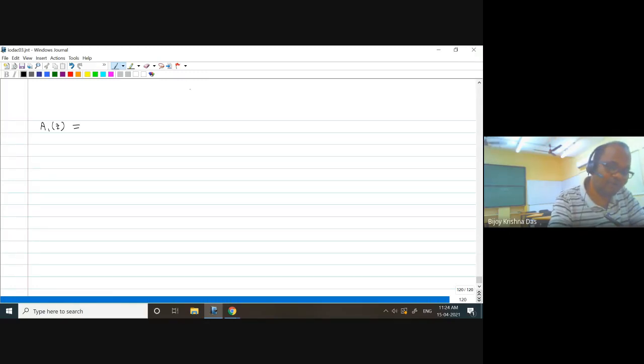And what is that boundary condition? I can consider z equal to 0 as A1(0), and A2, that means at the beginning when the perturbation starts, z equal to 0, I can write A2(0). These are also known.